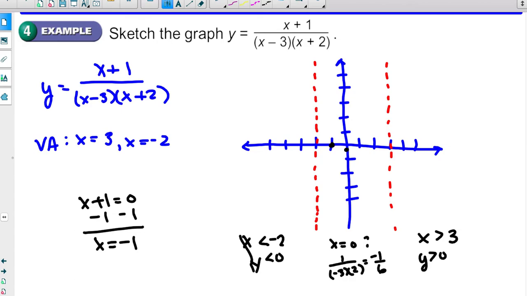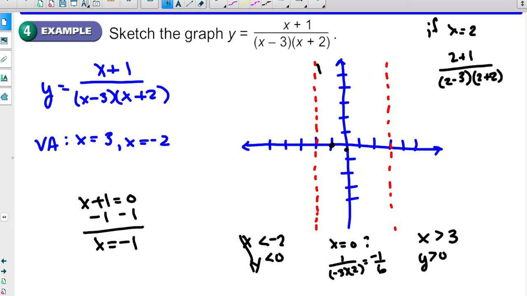And then let's plug in 2 for x. If x is 2, you have 2 plus 1 over 2 minus 3, 2 plus 2. So that's going to be a positive over a negative times a negative, so that's going to be negative. So you're going to have a negative number.